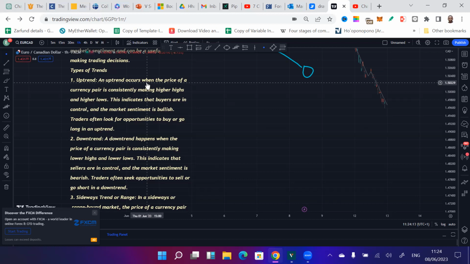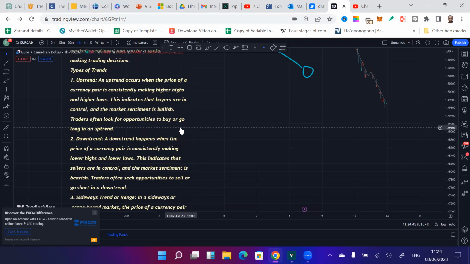You can even get pictures of that, just to help you make that association so that it can stick. Okay, so it indicates that the buyers are in control and the market sentiment is bullish, which means buying. Traders often look for opportunities to buy or go long in an uptrend.